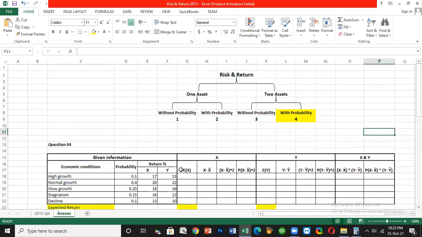Before doing this question, look at this graph. Risk and return are divided into two categories, one asset and two asset. The one asset is divided into two categories, without probability and with probability. Also two assets are divided into two categories, without probability and with probability.